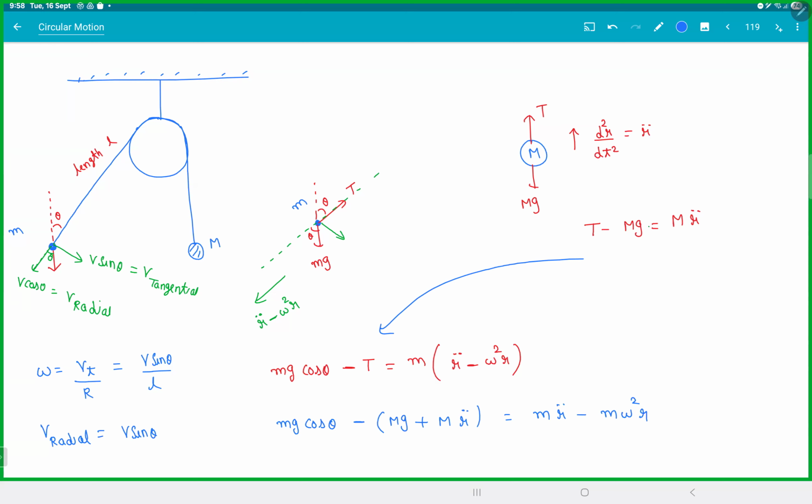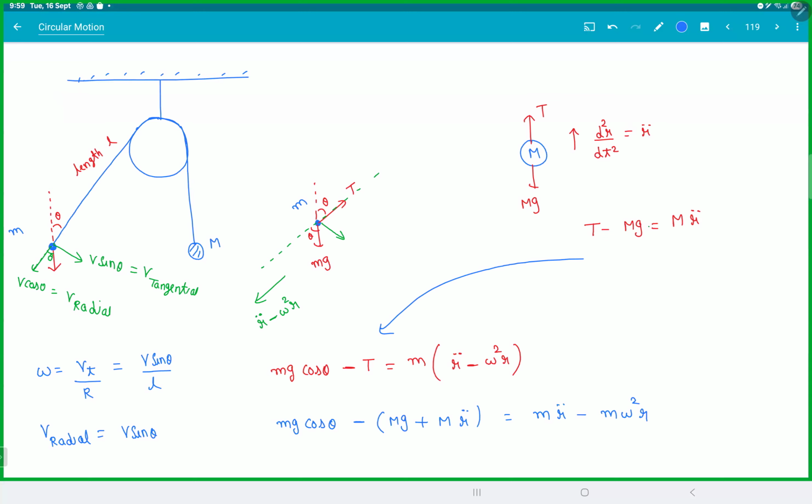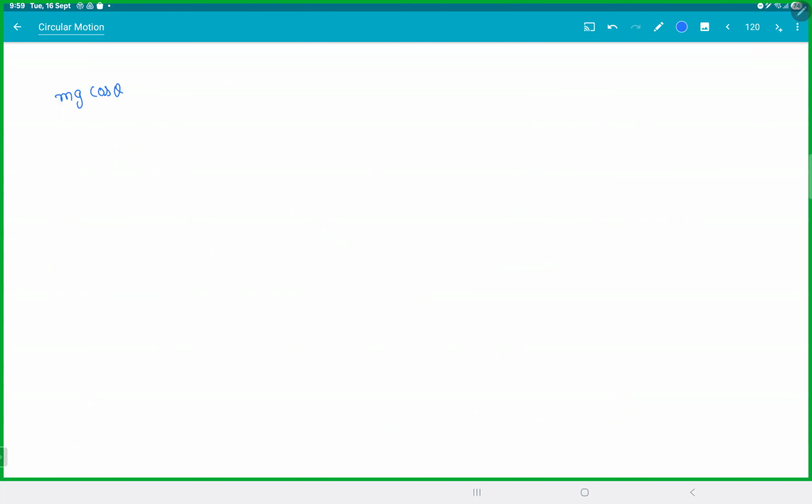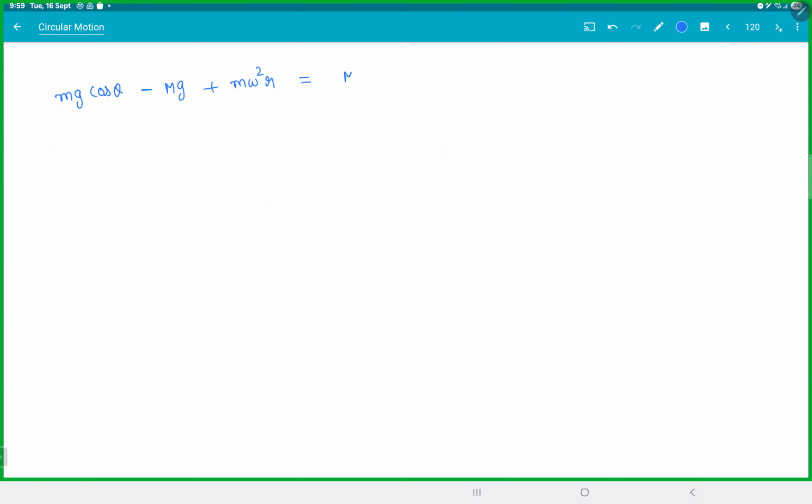So bring all this R double dot to one side. Mg cos theta, I show this in a much faster way, minus capital Mg plus m omega square R. You know everything here.